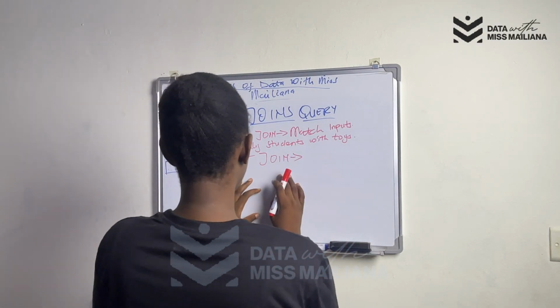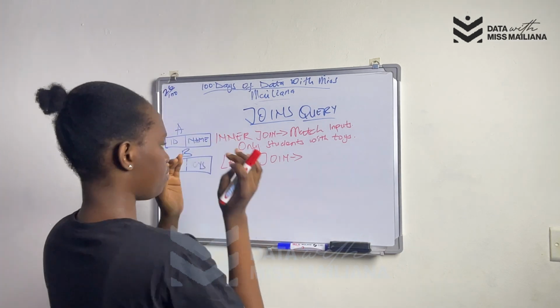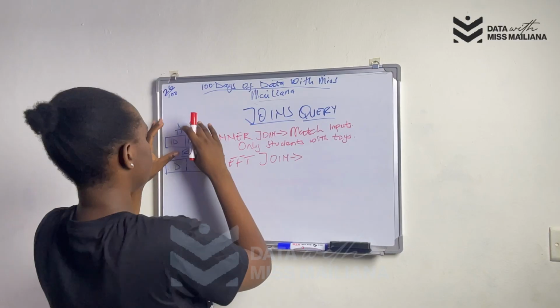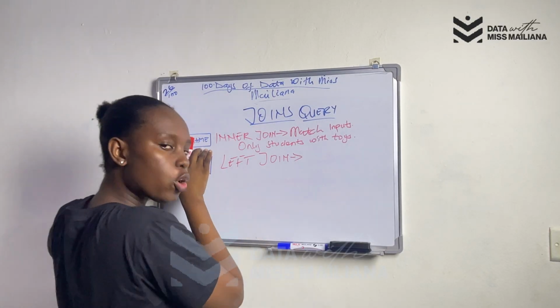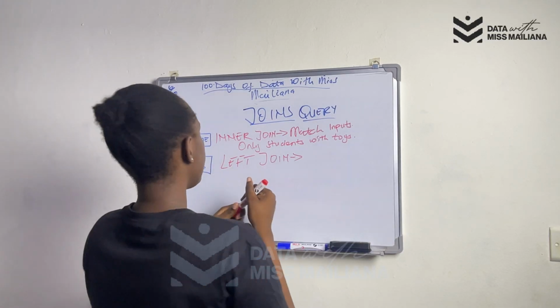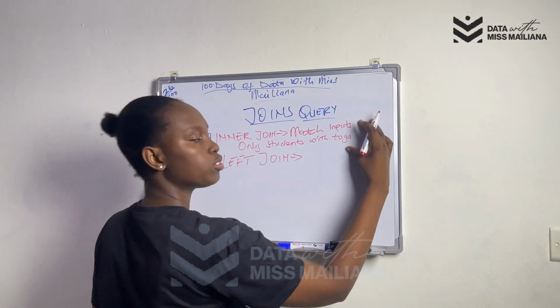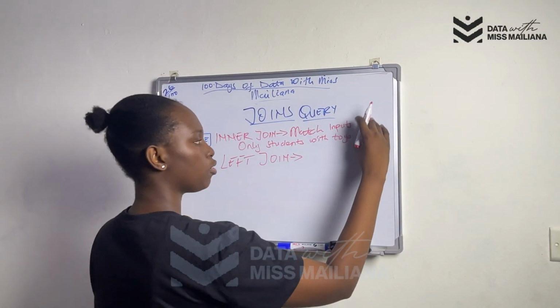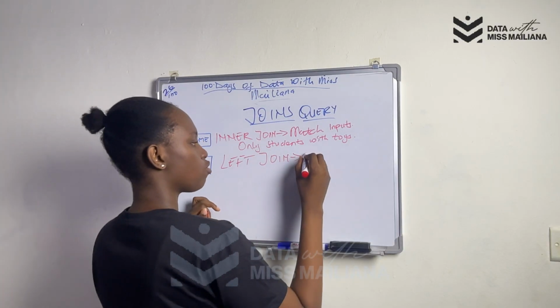With left join, you are going to see the students plus those who have toys. The inner join brings out only those that have toys, but this time around the left join is going to bring all the students.